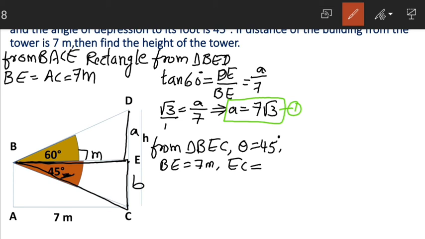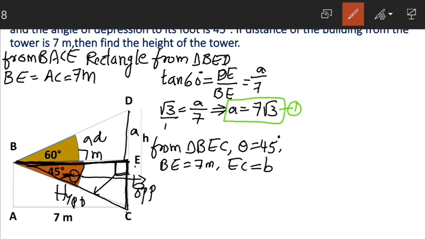Observe that this is the angle theta, and the side opposite to theta is EC, and we know the BE value. At E there is a right angle, so BC becomes the hypotenuse, and BE is adjacent to theta, so it is the adjacent side. We have to find the opposite value, and the adjacent value of 7 meters we know.